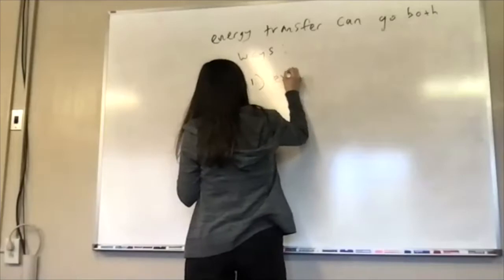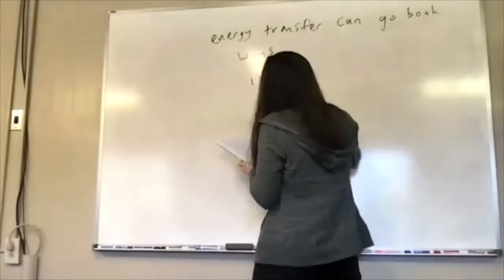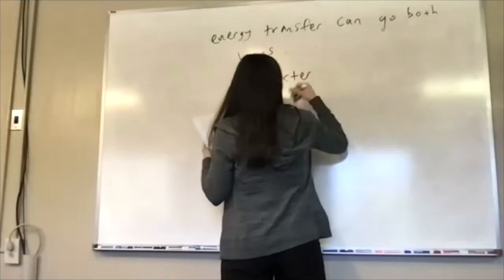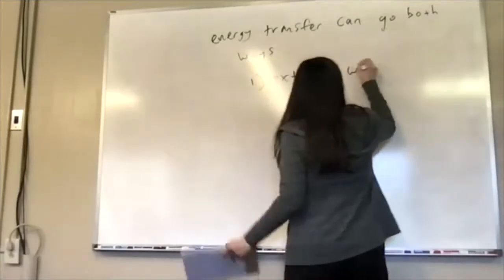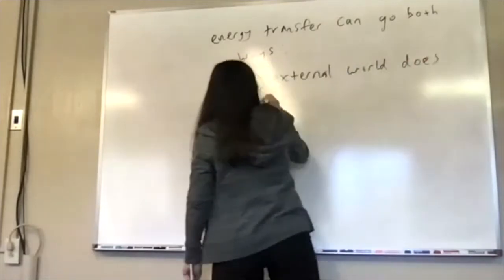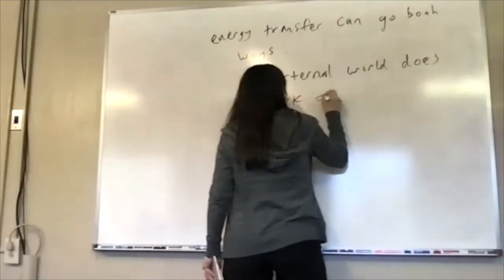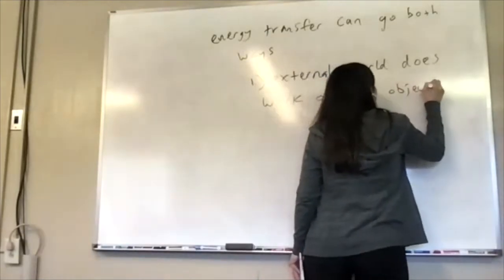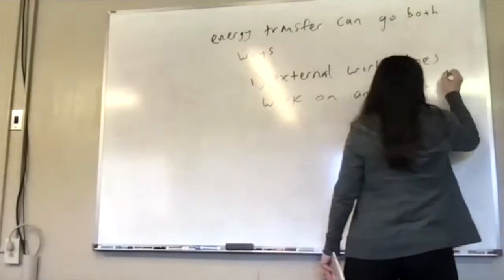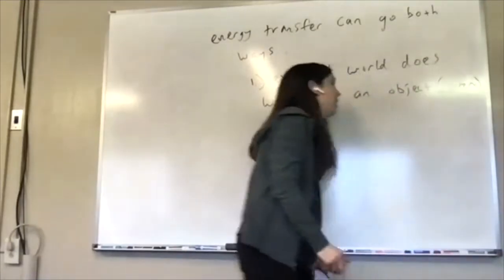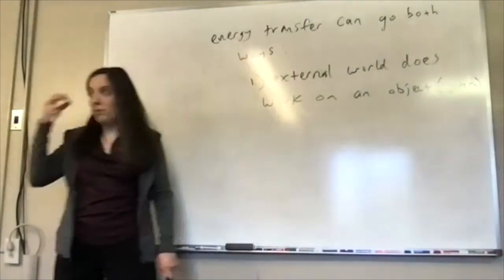So the first way would be the external world does work on the object, which we call the system. When we say system, we really mean object. The book might just say system, but when they say system, they mean the object of interest.